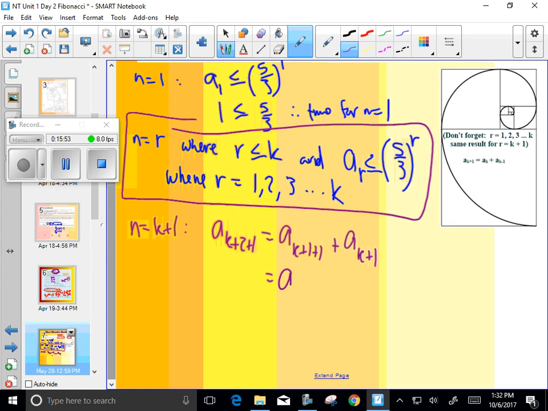And then this is equal to a of k plus 2 plus a of k plus 1. And what was a of k again? In terms of r? 5/3, right? So this is just going to be 5/3 to the k plus 2 plus 5/3 to the k plus what? 1.